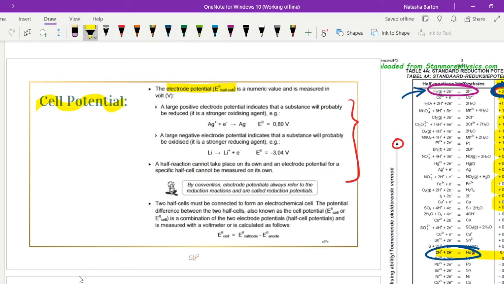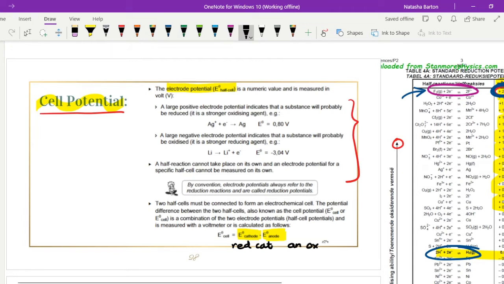In order to get your cell potential, we take the electrode potential at the cathode and subtract the electrode potential at the anode. Remember, at the cathode we have red cat, so reduction takes place at the cathode, and at the anode we have an ox.